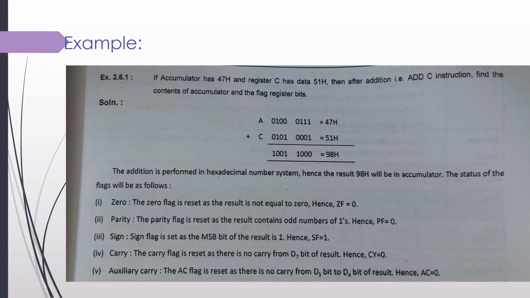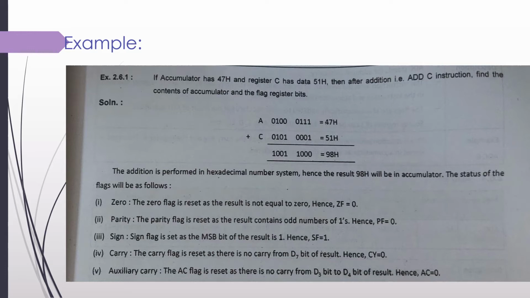This example gives you how this add instruction is internally operating and how the result is stored, depending upon the operation. What are the flags which are affected is elaborately shown in this example.